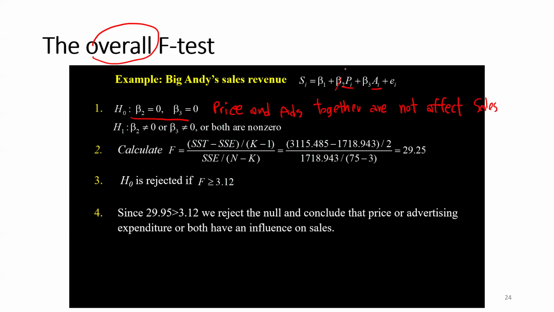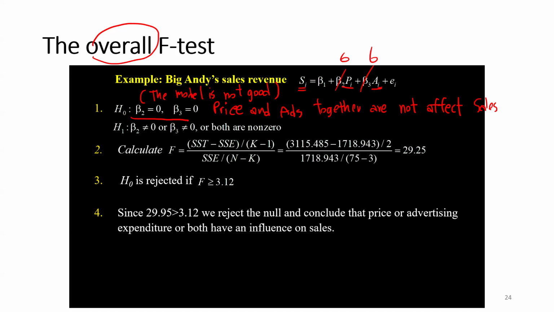Because you set beta 2 to 0, beta 3 is 0. Price and advertisement have no effect on sales, which means the model is not good, because we try to predict whether sales depends on price and advertisement or not.